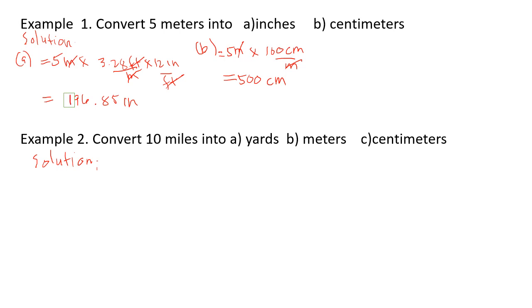Convert 10 miles into yards, meter, centimeter. So what you do is letter A, 10 miles times 1.61 kilometer per mile times 1000 meter per kilometer times 1.09 yard per meter.